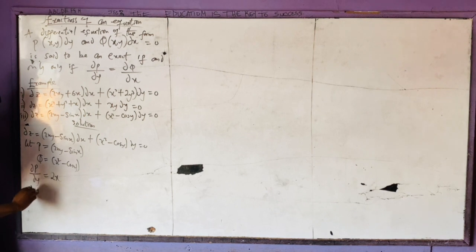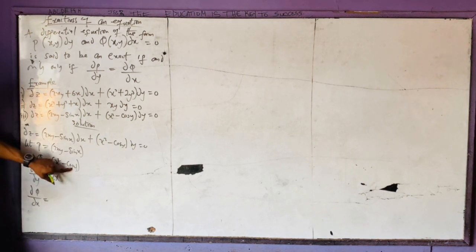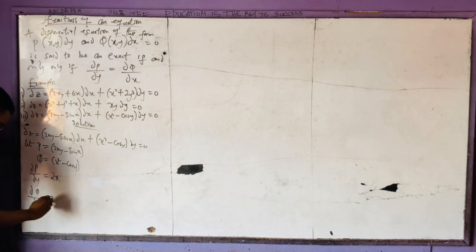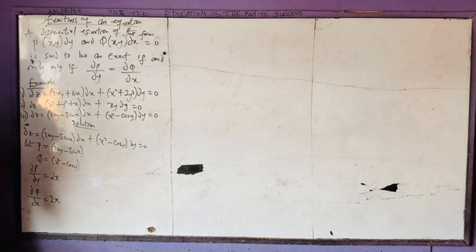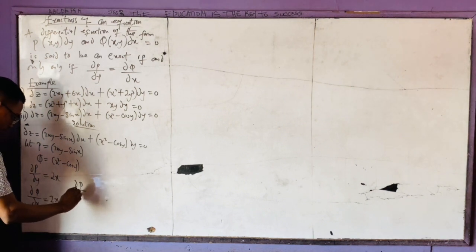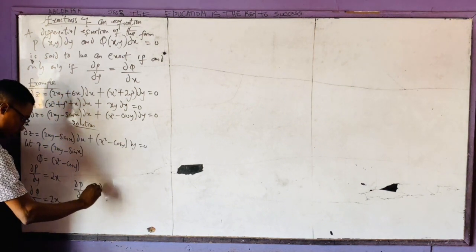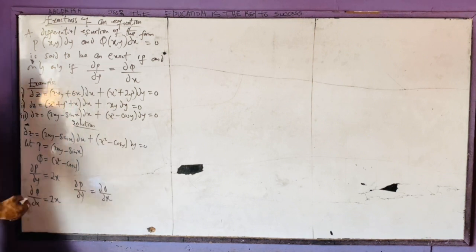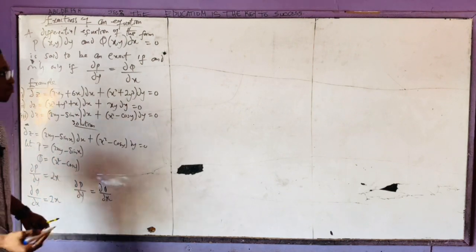So dq over dx equals, cos y does not have x, so it automatically becomes 0. If I differentiate x squared with respect to x, I'm going to have 2x. So that tells us that dp over dy equals dq over dx, meaning the equation is exact.